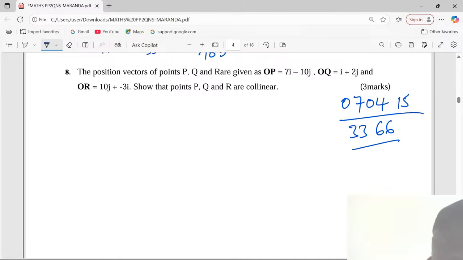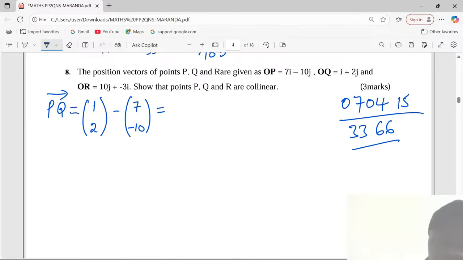So what we're going to do is to express some two vectors, like vector PQ. PQ is Q minus P. So Q is (1, 2) and P is (7, −10).